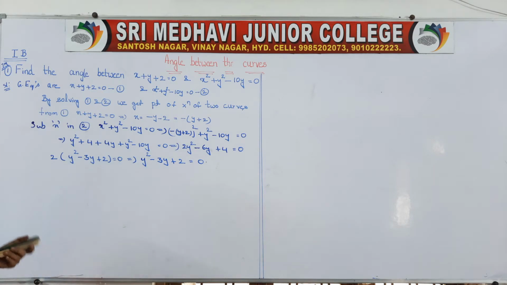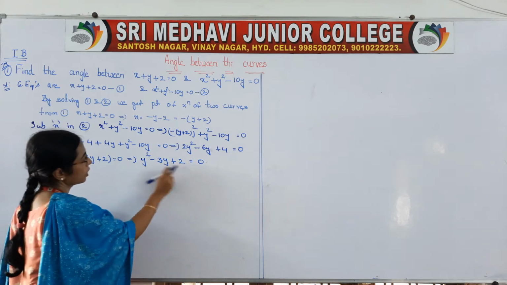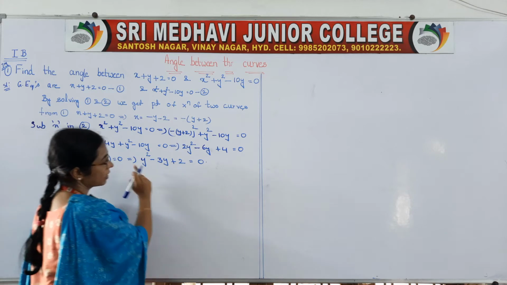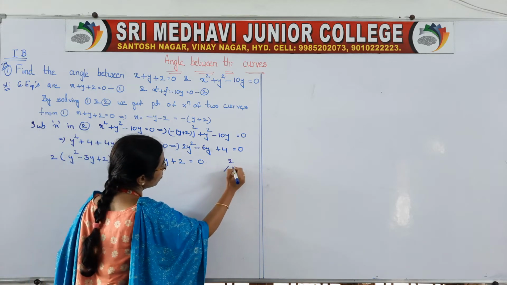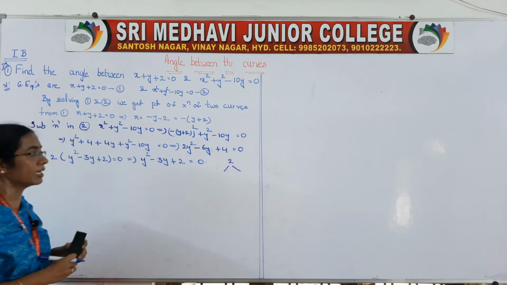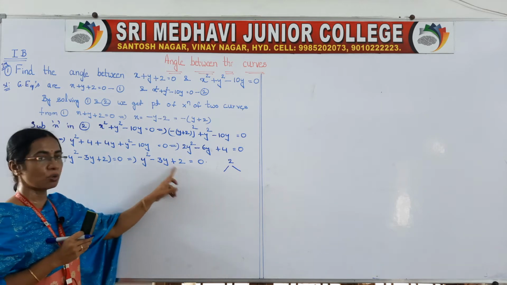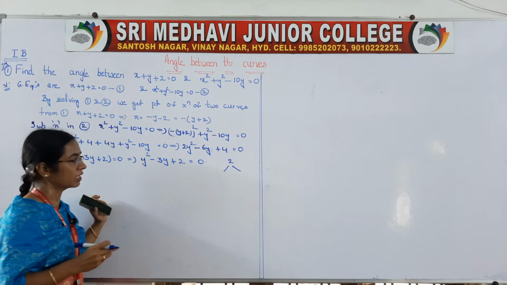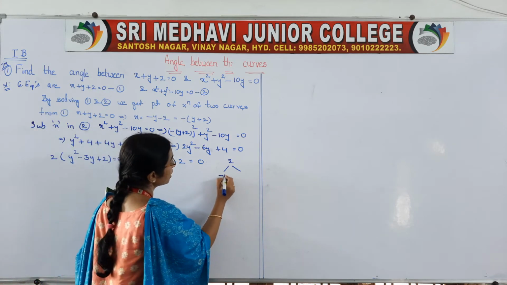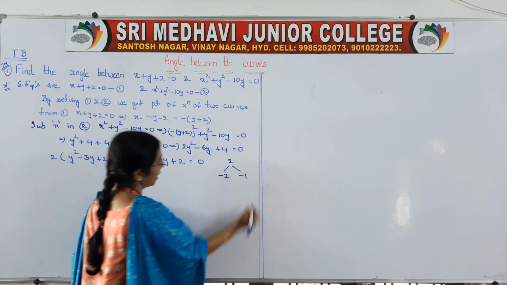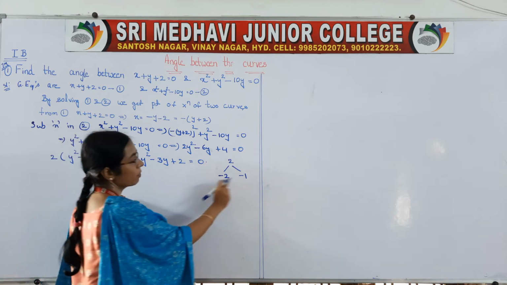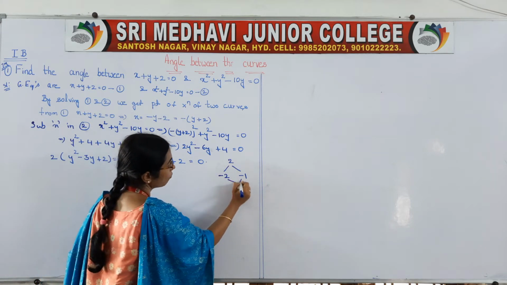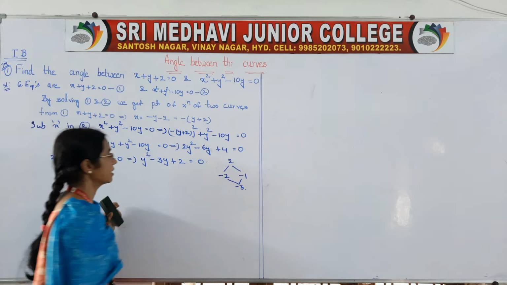Try to get the factors. We multiply 2 into its coefficient, that is 1. We have to select two numbers whose product should be 2 and whose sum should be minus 3. We will take minus 2 and minus 1. If we multiply, we get 2; if we add, we get minus 3.